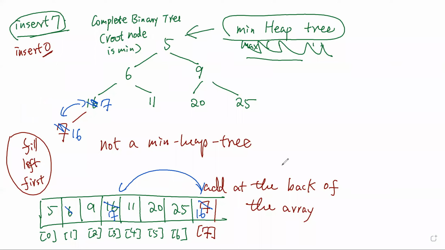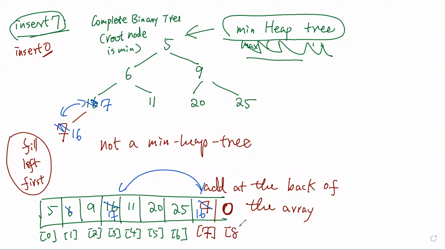Where should I insert it first? Who can tell me where I should go? Insert at which leaf node? Insert at the back of the array. Yeah, here.